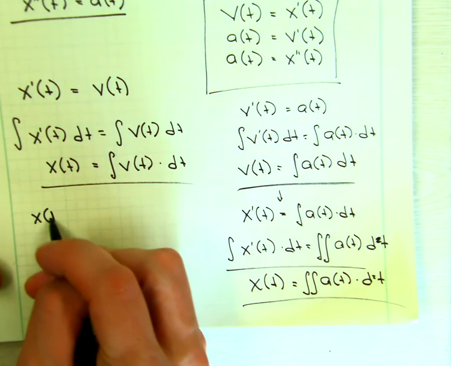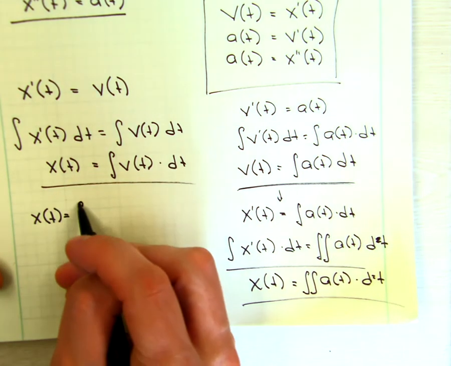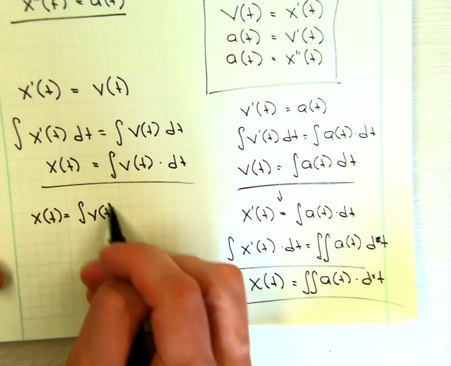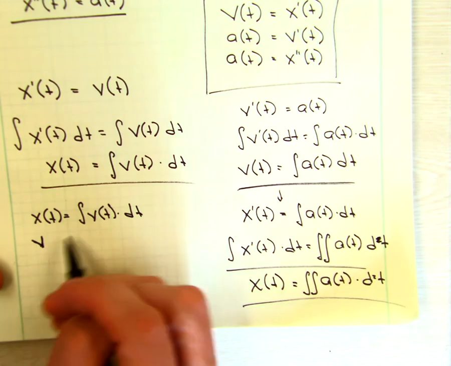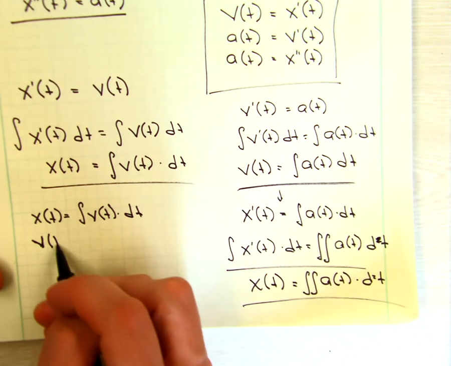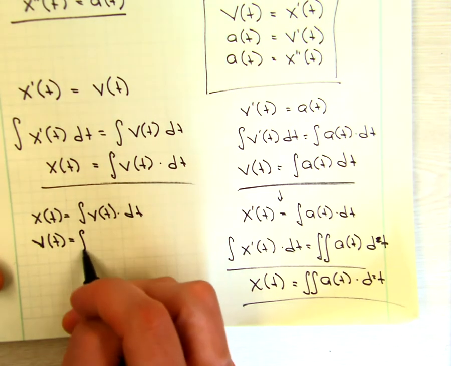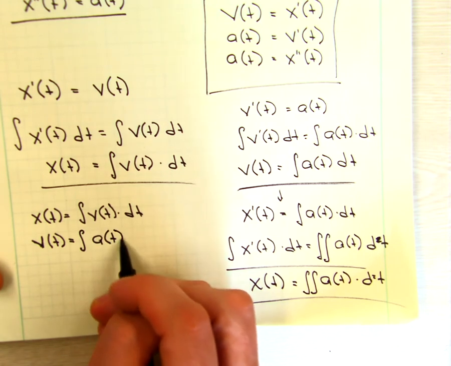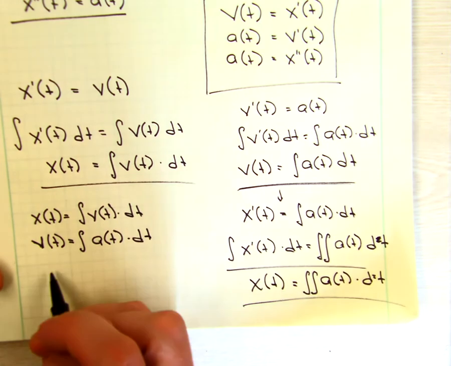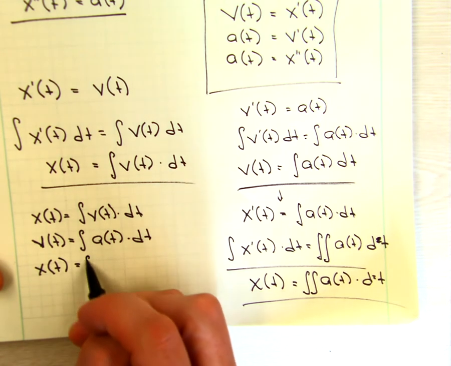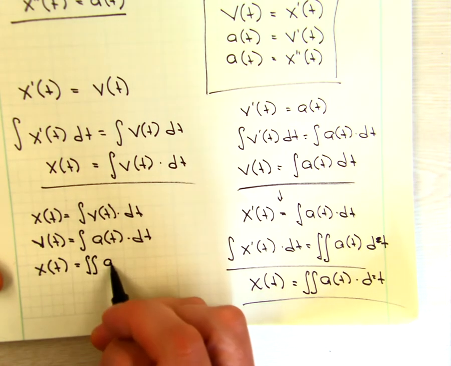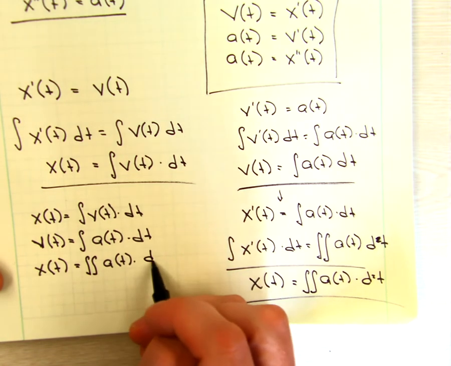So x of t is going to be equal to the integral of v of t dt. I'm just rewriting these functions we just derived. v of t is going to be equal to the integral of a of t dt. And x of t is also equal to the double integral of a of t dt.